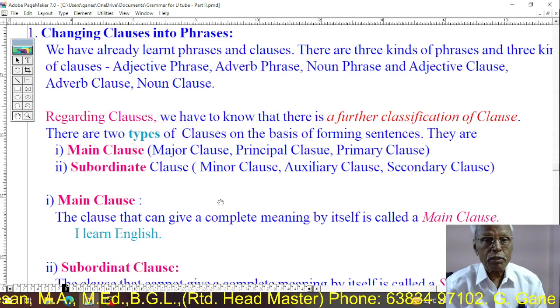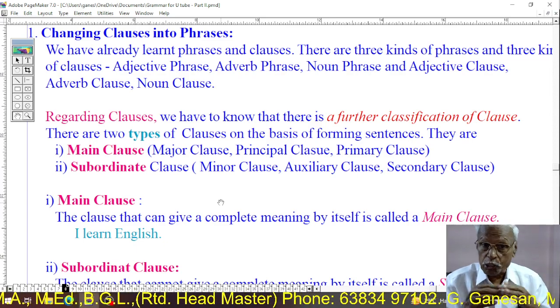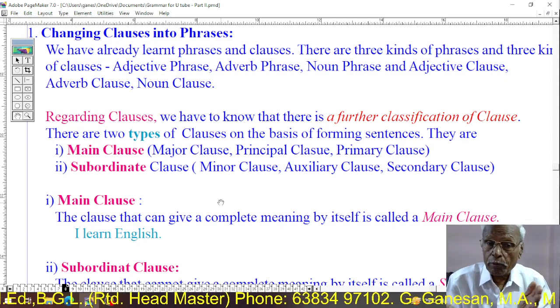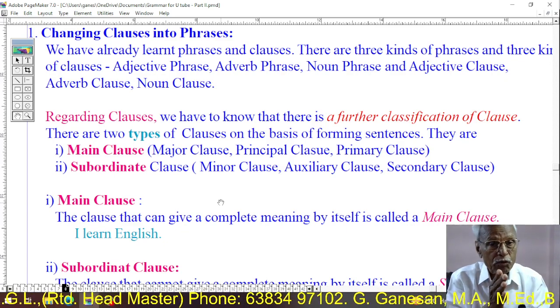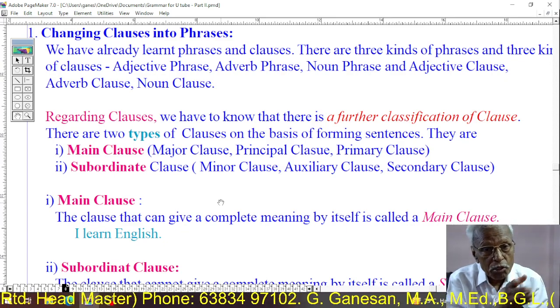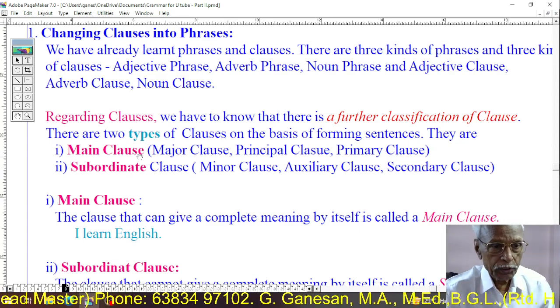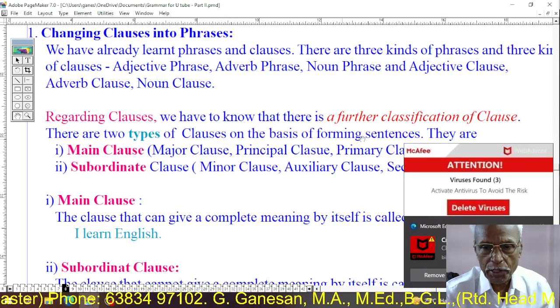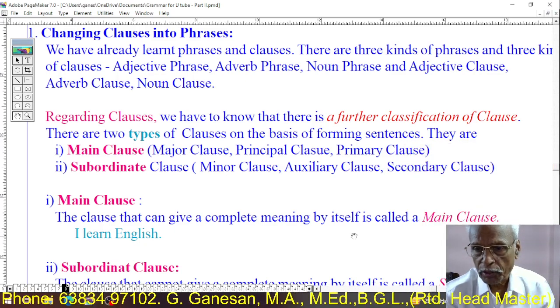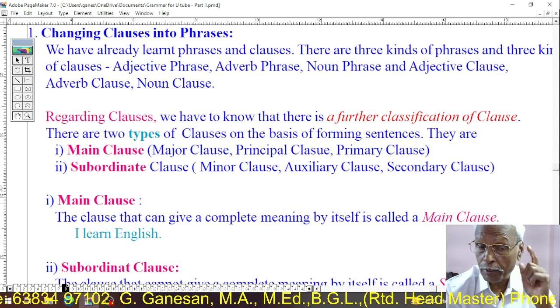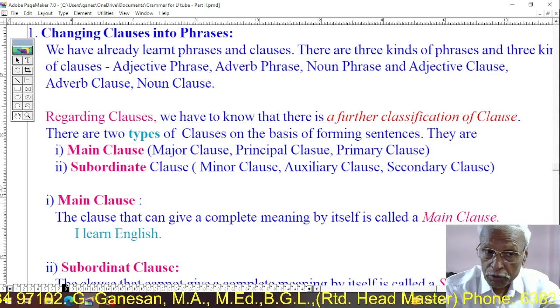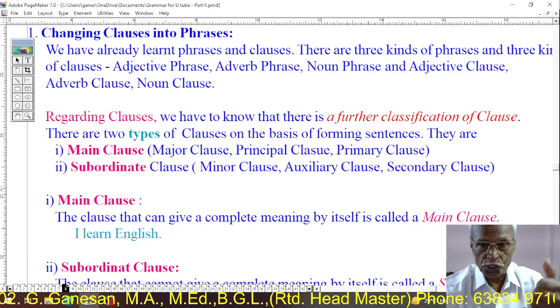There are two types of clauses on the basis of the formation of sentences.